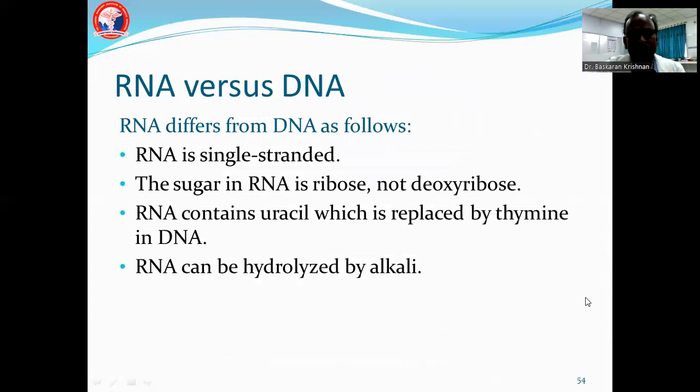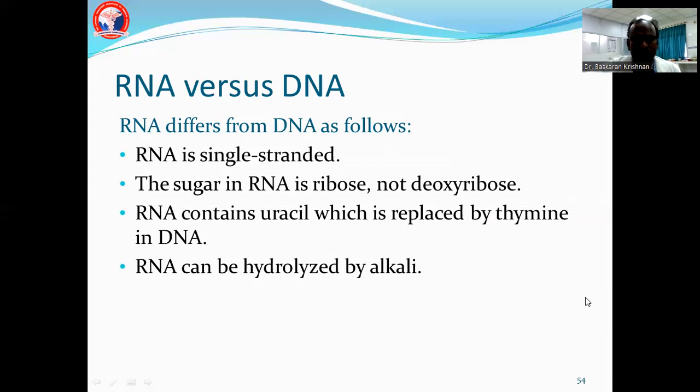Some differences are there between DNA and RNA. RNA is single stranded, which is very common. The sugar in RNA is ribose, not deoxyribose. In DNA, it's deoxyribose. RNA contains uracil, while DNA contains thymine.